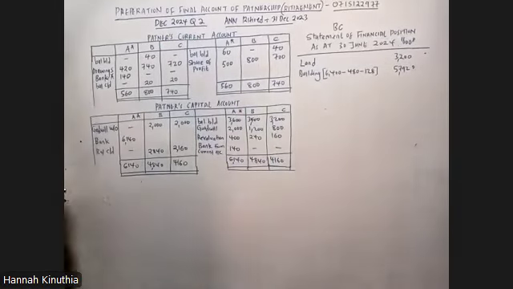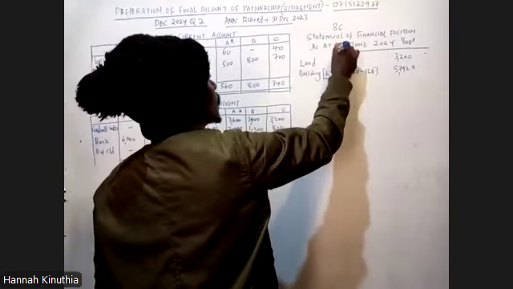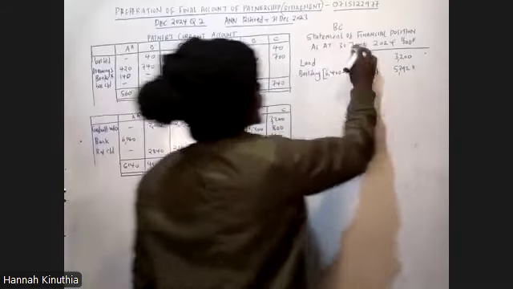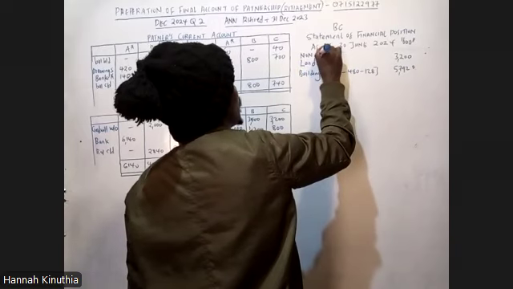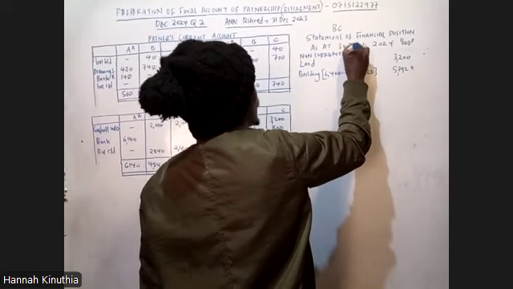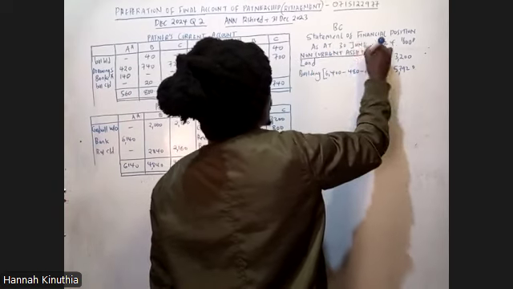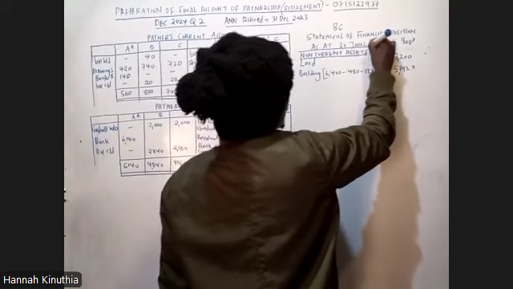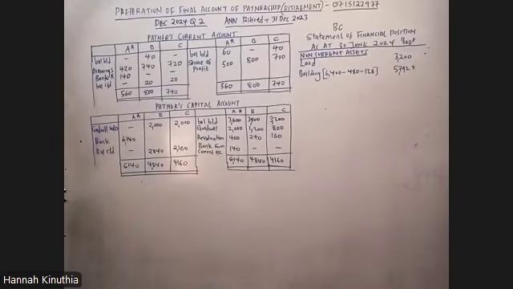Kutoka kwa building tunaenda kwa equipment. Hizo ni non-current assets, kumbuke. Kumbuka ni tunaanza na non-current. This is how we're supposed to do it in your exam. So vile nachora hivi ndio utakuwa unafanya kwa exam yako. So non-current assets, so tunaanza na non-current asset kwanza. So tuko na land, building and then equipment.